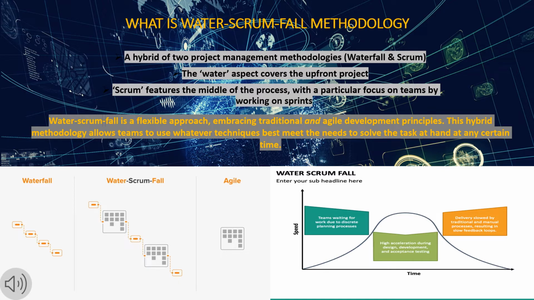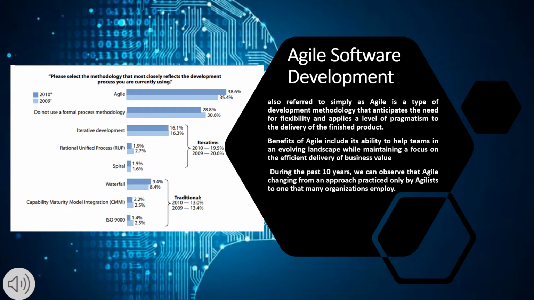any certain time. Agile software development, also referred to simply as Agile, is a type of development methodology that anticipates the need for flexibility and applies a level of pragmatism to the delivery of the finished product.